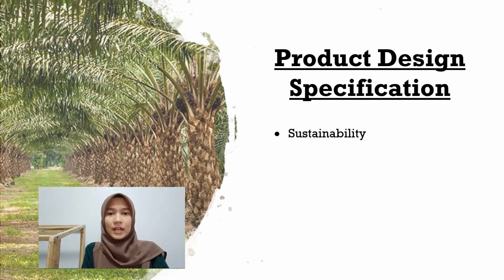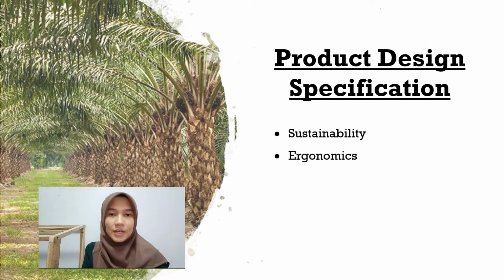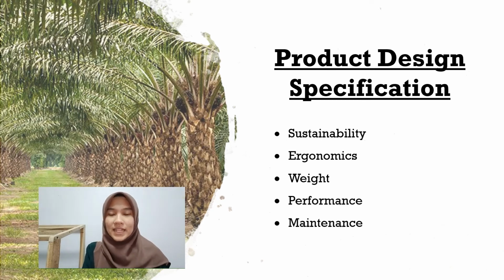Besides that, ergonomics is the main consideration in designing this collector, since the risk of musculoskeletal disorders is high among palm plantation workers. The weight is included in the specification to prevent the workers from having difficulty in utilizing the mechanical tool. Then, followed by performance and maintenance.